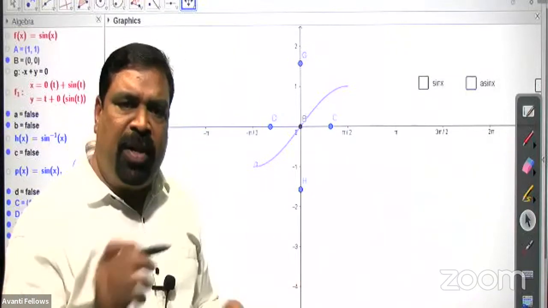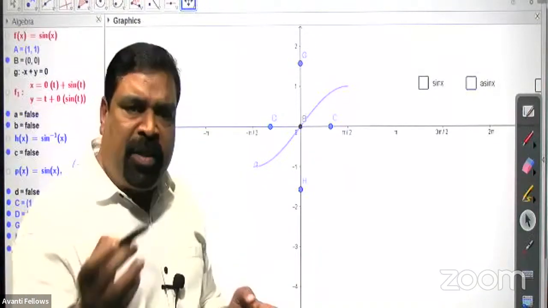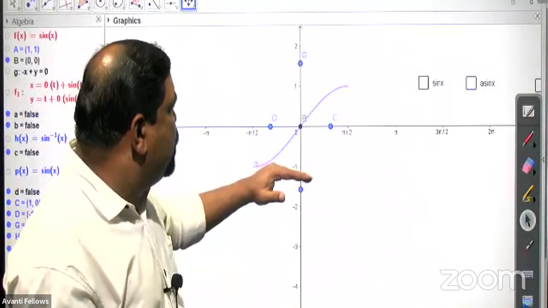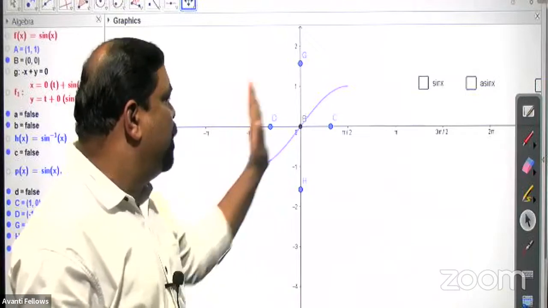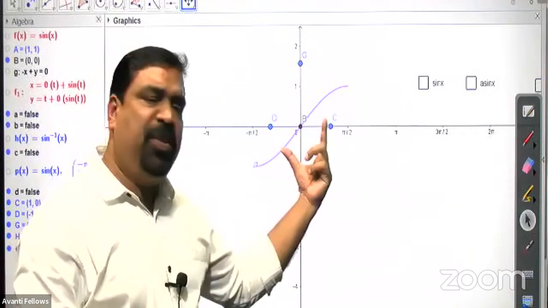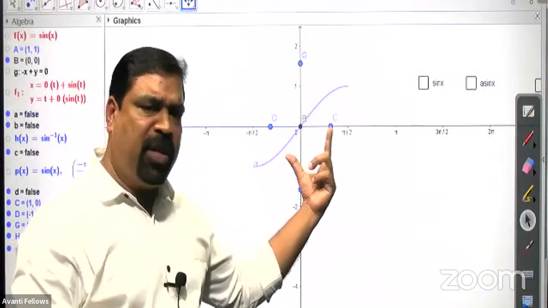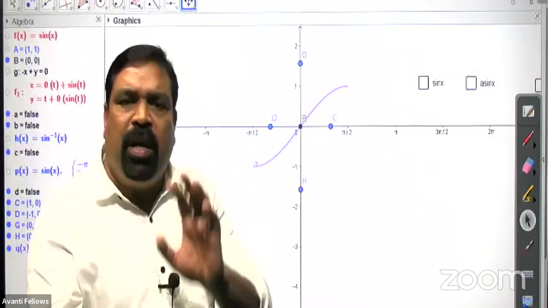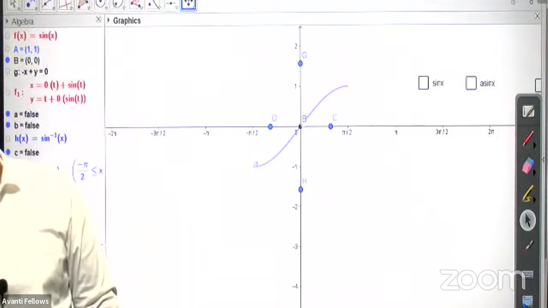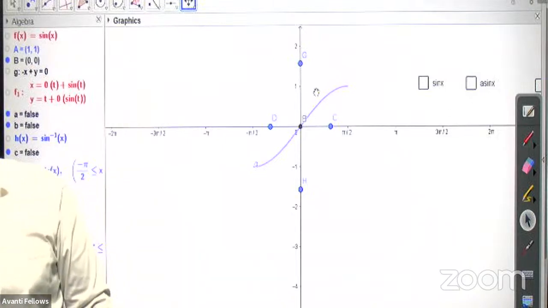So sine inverse function is a function from -1 to +1 to minus pi by 2 to plus pi by 2. This is the graph of the sine function. This is not the inverse function actually. The inverse function will be reversed, with domain and range interchanged. Let me show you the exact graph of the inverse trigonometric function.